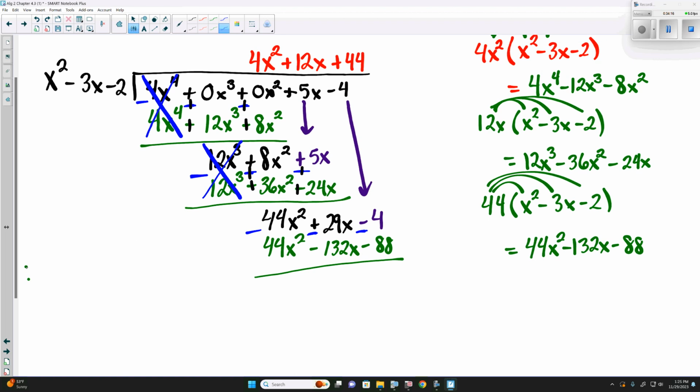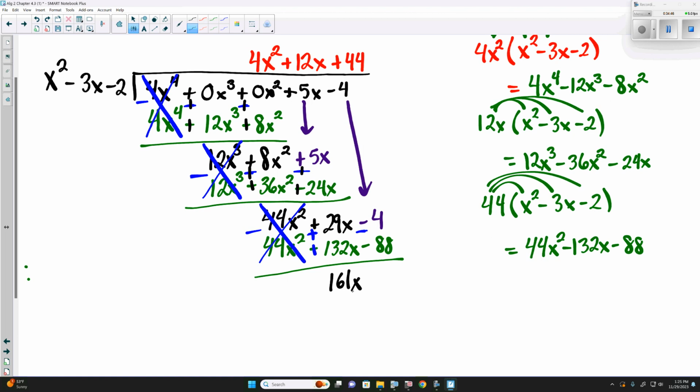And our next step is to subtract. 44x squared minus 44x squared is again 0. 29x minus negative 132x: negative and negative would make a plus, and we actually get 161x, because we can do 29 plus 132 in the calculator.